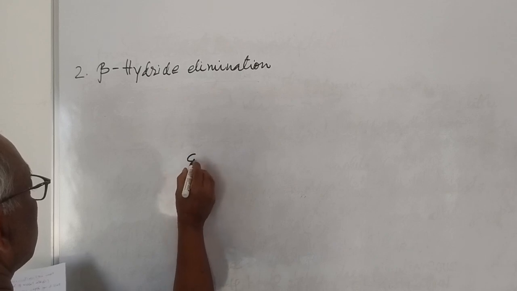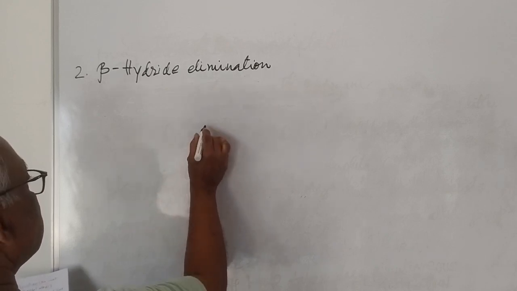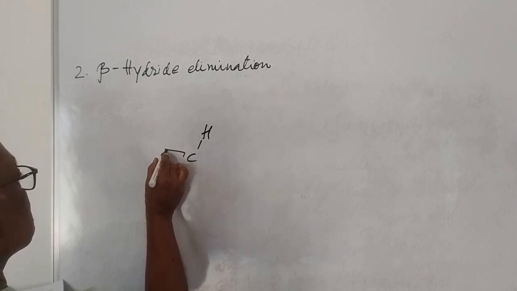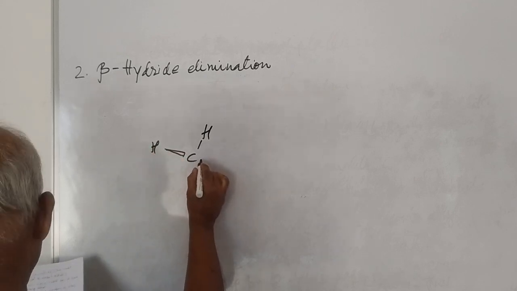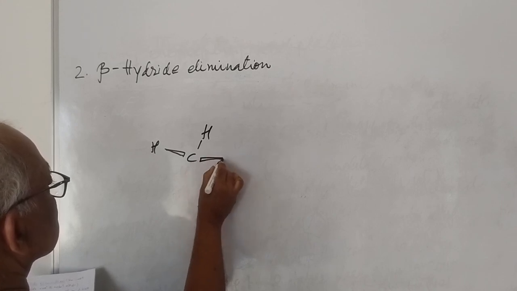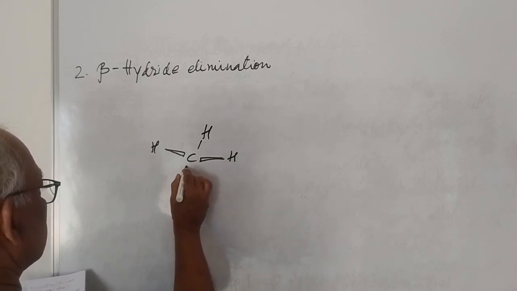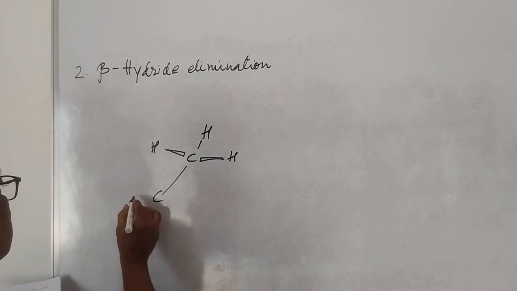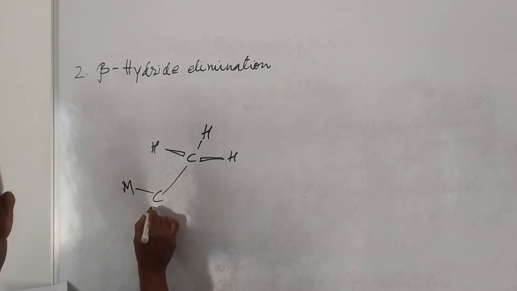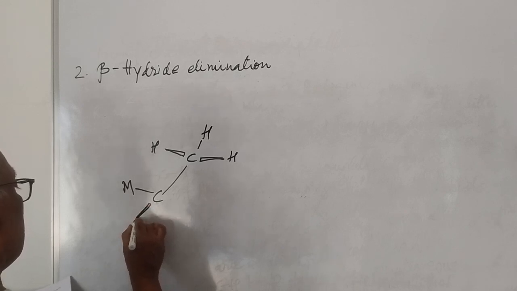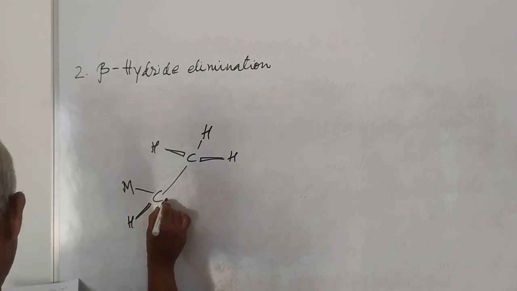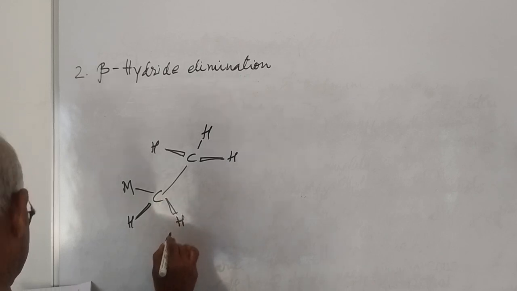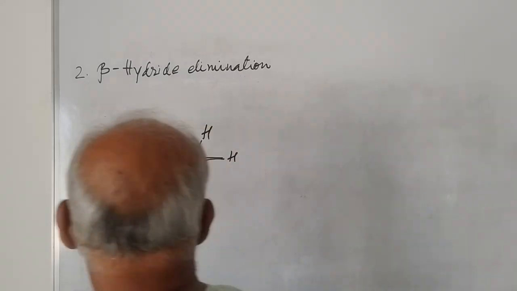So if this is the beta carbon, it is attached to this one hydrogen, this is the second hydrogen, there is a third hydrogen, and another carbon is there, that is the alpha carbon. It is attached to the metal, then to the other hydrogens.